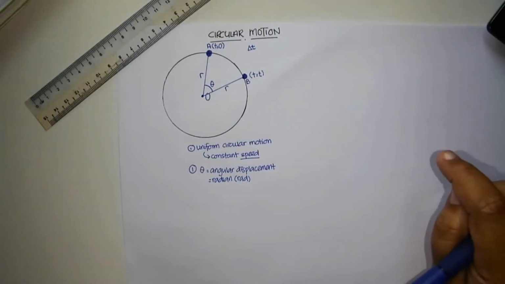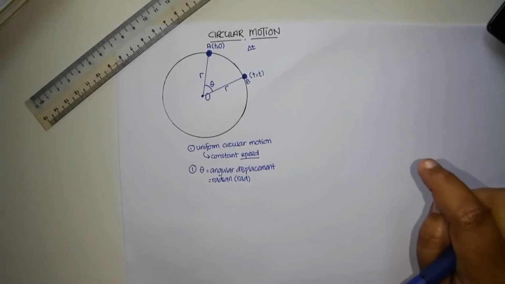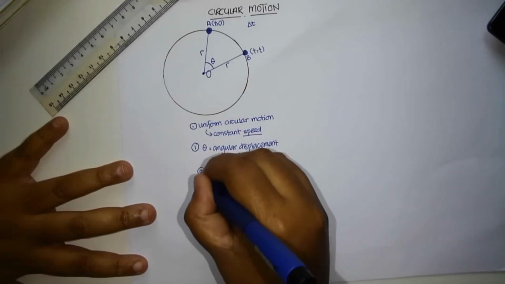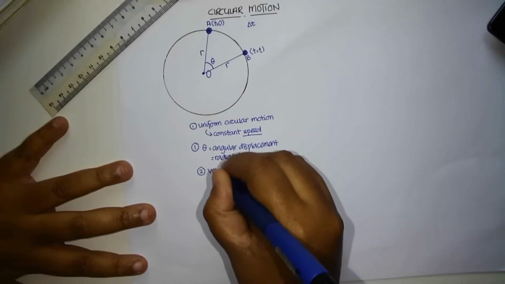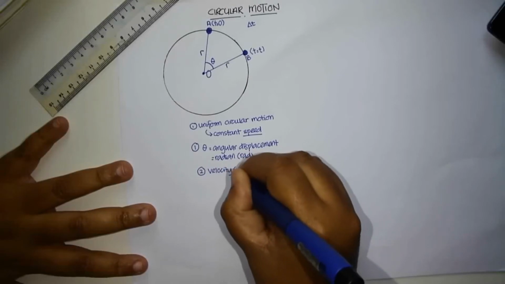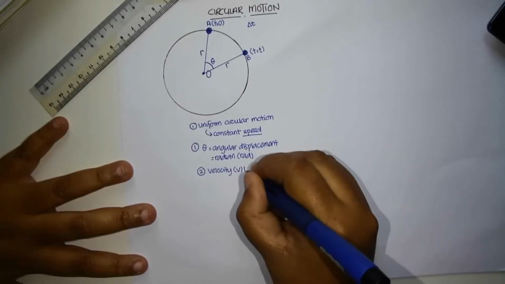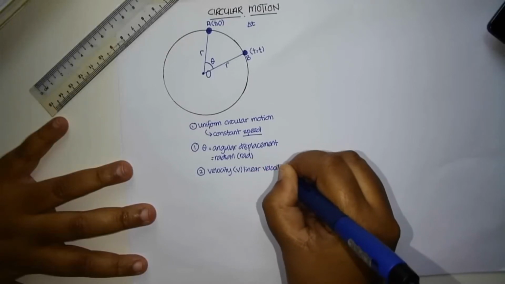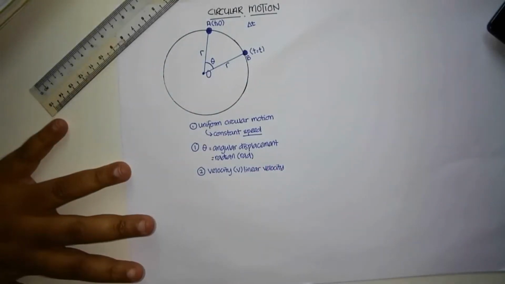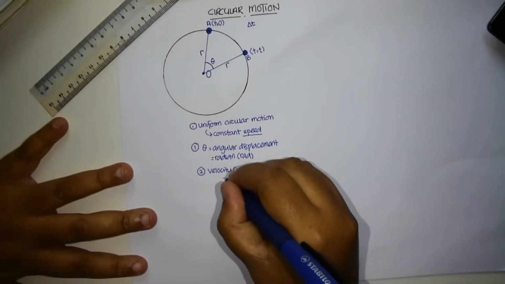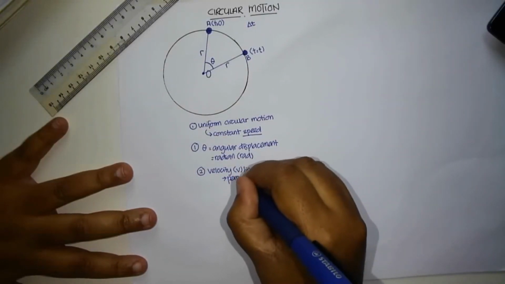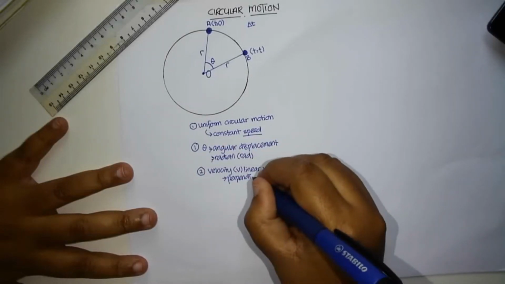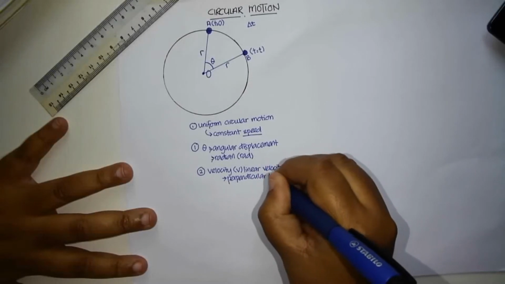Now the next quantity we can talk about is linear velocity. Velocity, with symbol v, is actually a linear velocity, and it is perpendicular to the radius.